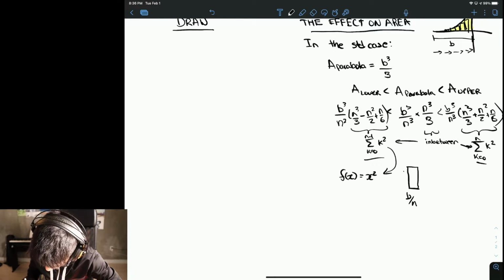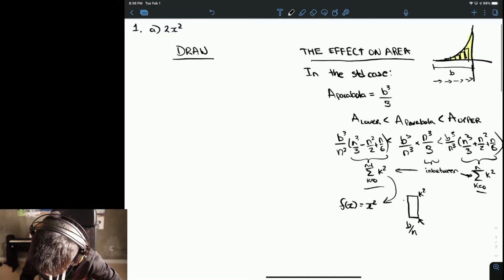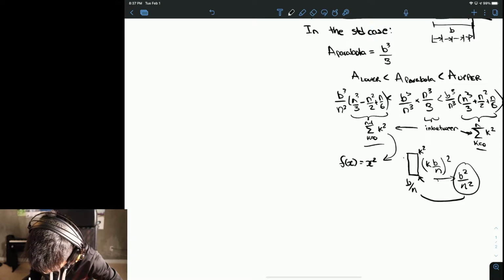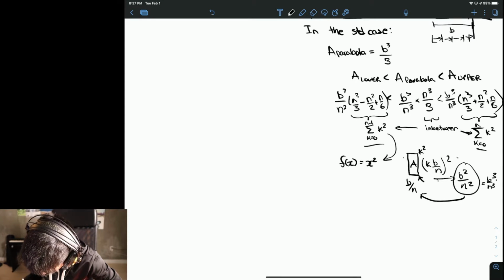And where the x value is some arbitrary point squared, and it turns out that since we're drawing rectangles every b over n spaces, the y value must be a factor k of b over n squared, which when you pull out this term, turns into b squared over n squared, and you group that with this b term to calculate the area of this, which gives you b cubed over n cubed multiplied by k squared.